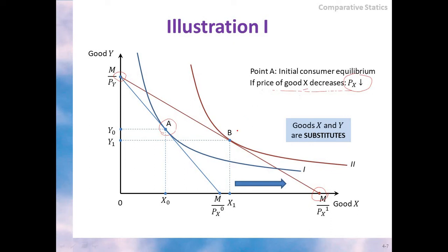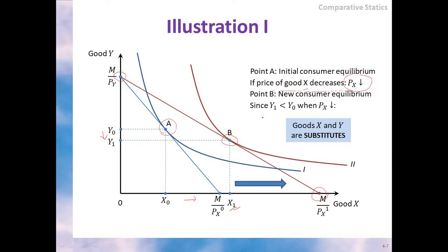We can see that the new one also shifts. When the price changes, the equilibrium of the consumer also changes from A to B. At point B, Y drops from Y0 to Y1, and X increases from X0 to X1. So this is the new consumer equilibrium.